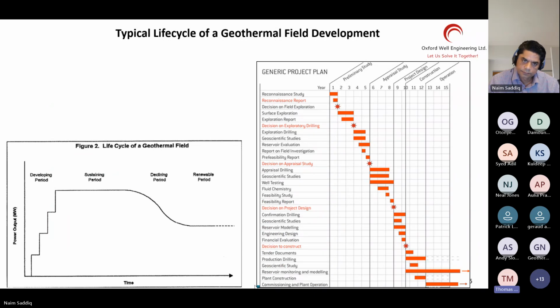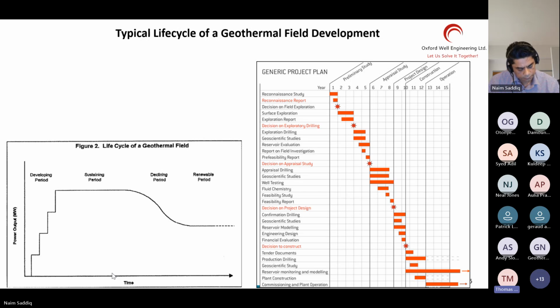In developing geothermal, there are various stages. As you can see on your left, we can identify around 4 stages. The first stage is the developing period, and this one is related to determining the presence of the resource.